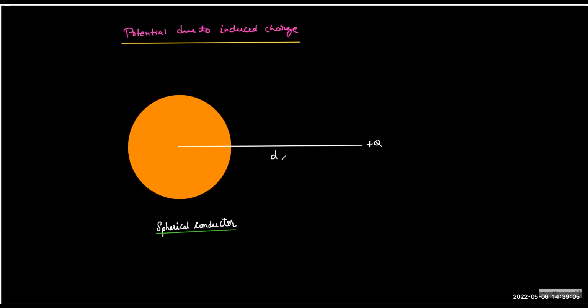The radius of this conductor is R. So d is not very far. If you bring a charge nearby the conductor, it will create induction, right? So some positive, some negative charge will appear here. Yes, sir.